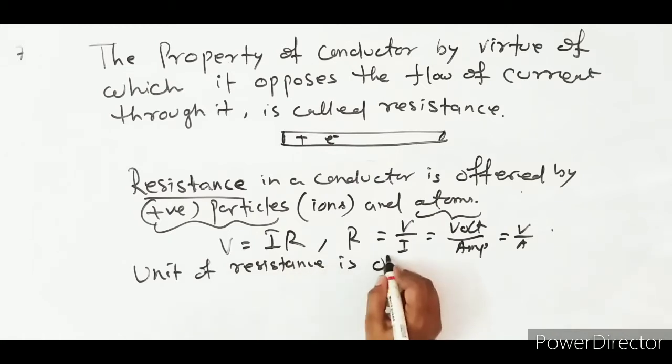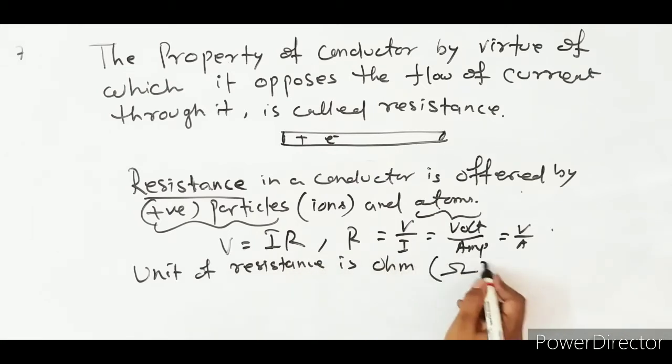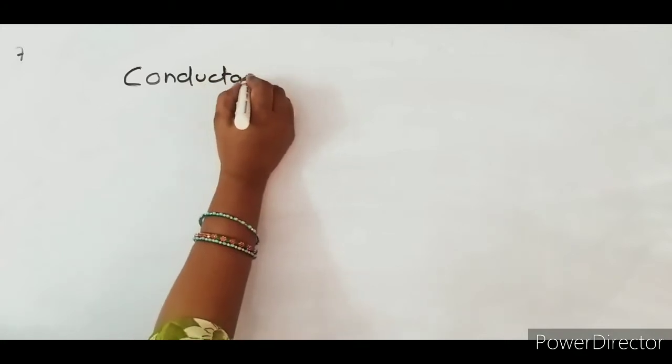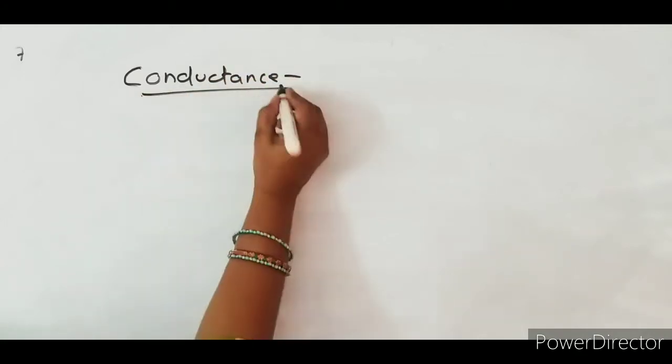Resistance is measured in ohm, and it is represented by a symbol like this. Clear? So if we are discussing resistance, let us go for conductance also. What will be conductance?